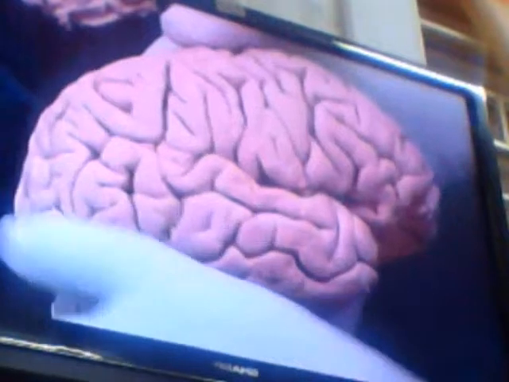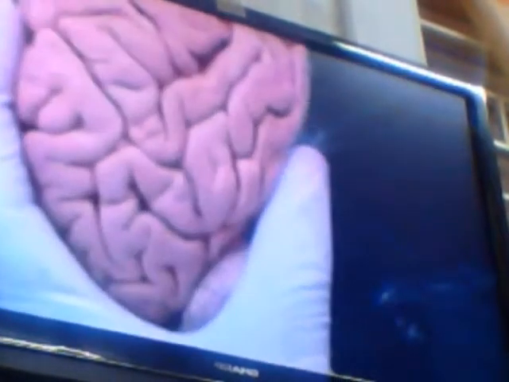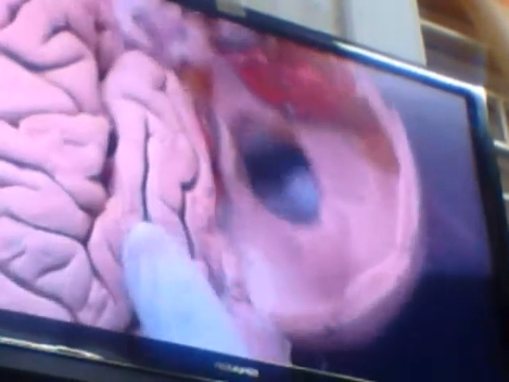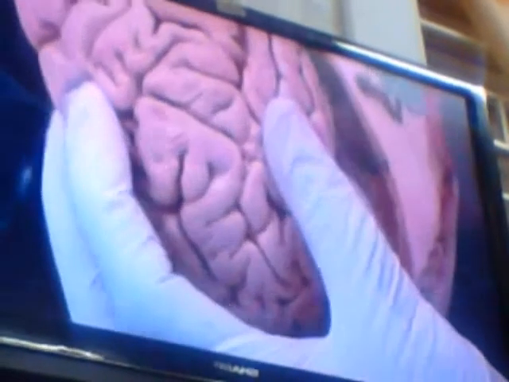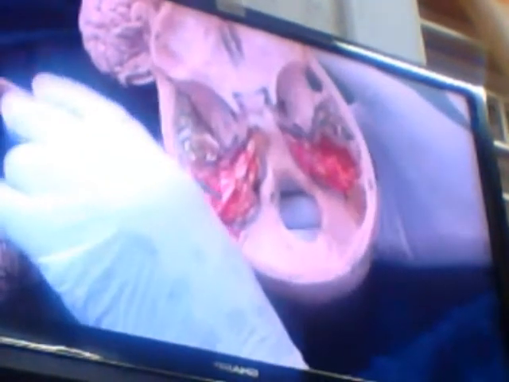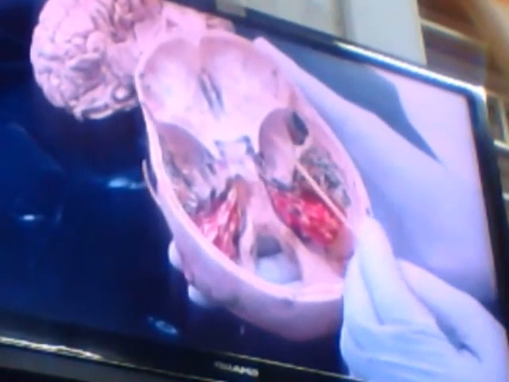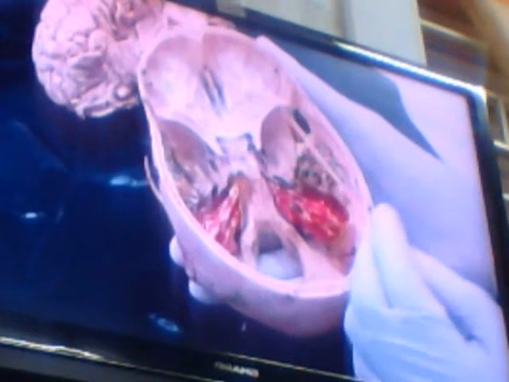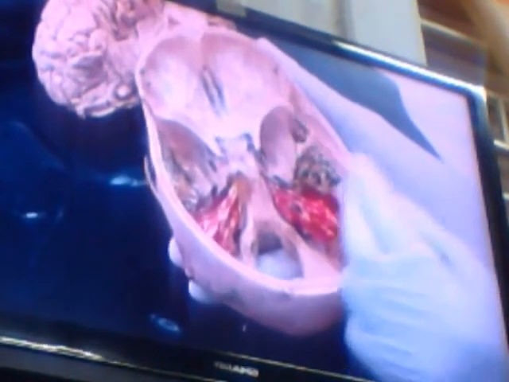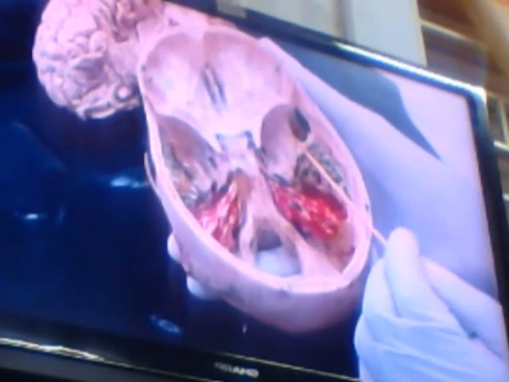Or somebody gets hit. Look at this. When I put the brain inside here, one of the real reasons for the lateral sulcus is because I have here a fissure. I have a bone which is projecting between the frontal and the temporal lobe.